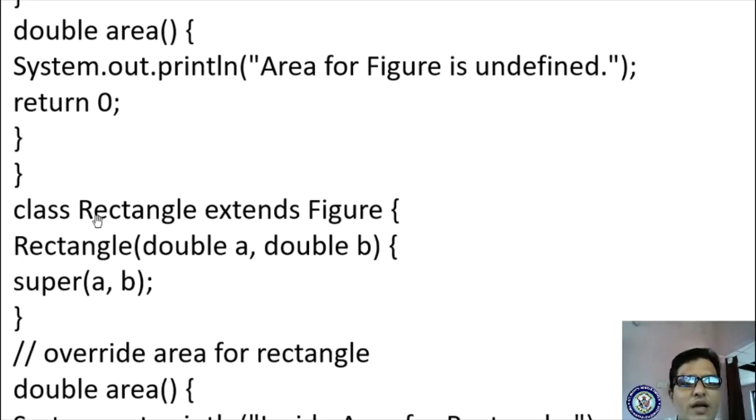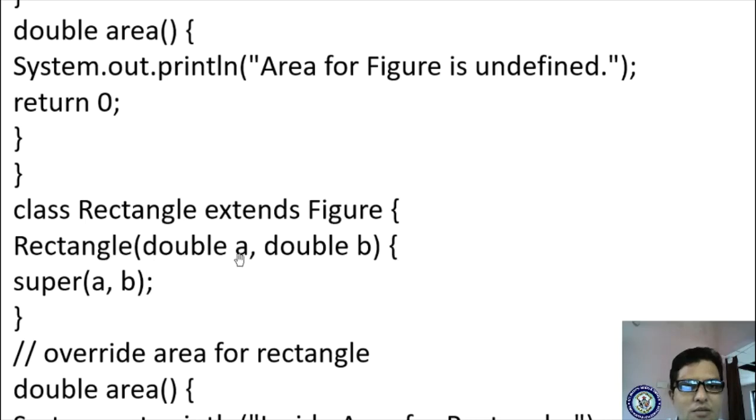Now I'm taking another class, Rectangle extends Figure. Extends Figure means it is inheriting the features of Figure. Whenever it is inheriting the features, if the base class has a constructor, we have to construct it as well. In the Rectangle class also I'm specifying a constructor method.